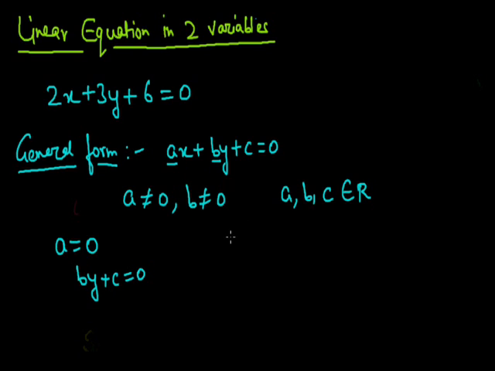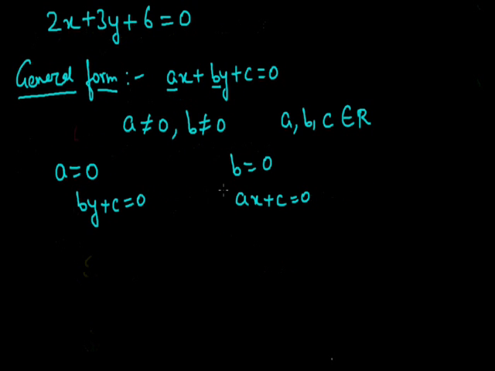In the same way, if I take b is equal to 0, this equation will be ax plus c is equal to 0. So this linear equation will be of one variable. That's why we are saying that a and b cannot be equal to 0. As they cannot be equal to 0, we will always get the linear equation in two variables.